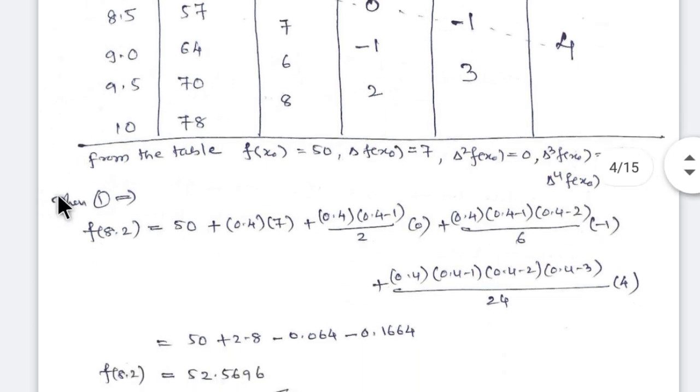Then in the above formula in equation 1, in place of xr you write f of 8.2. We have to find out this one.